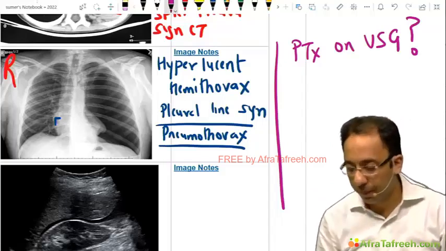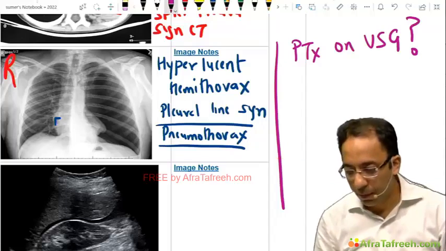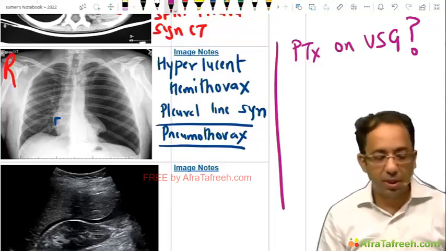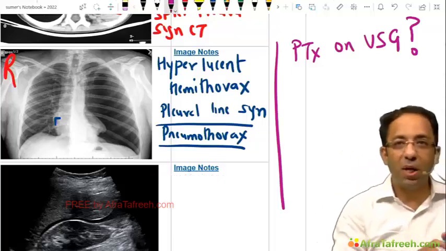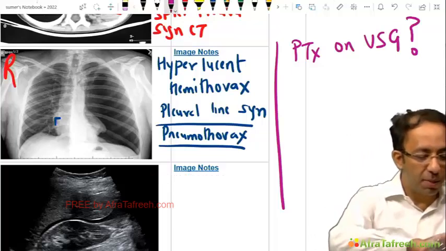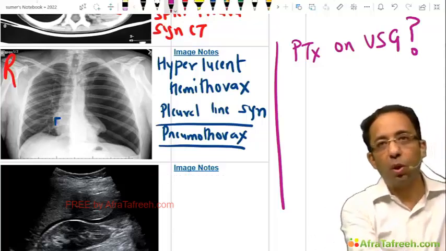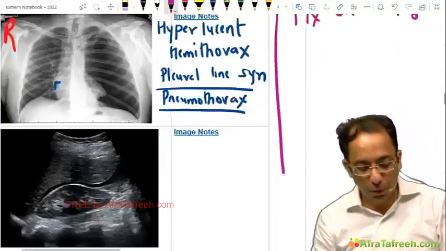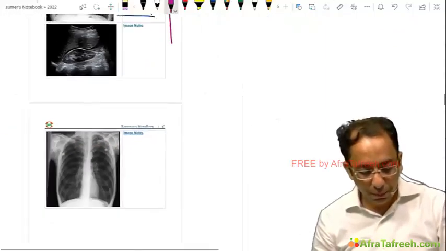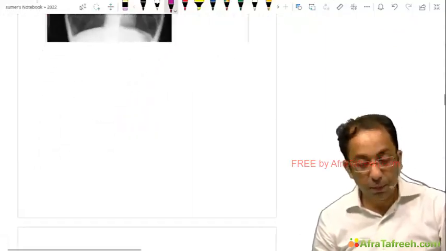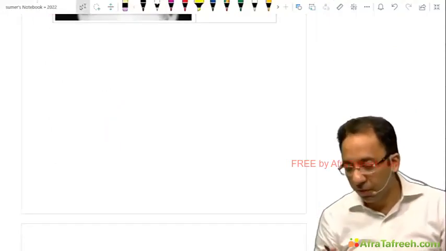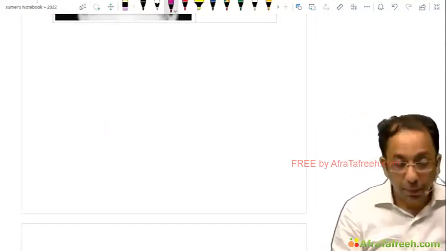Anybody want to tell me? Yes, the answer is yes. And it has been asked multiple times in your INI CET exam, how to identify pneumothorax on ultrasound. Don't worry, I will teach you. Then I will come to other images, but first I will teach you how to identify.